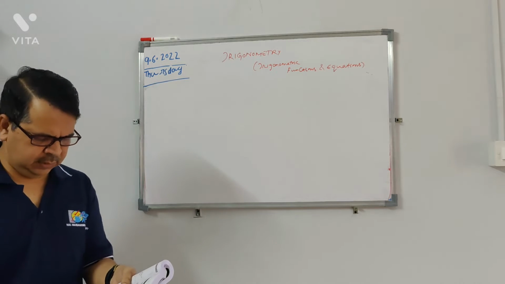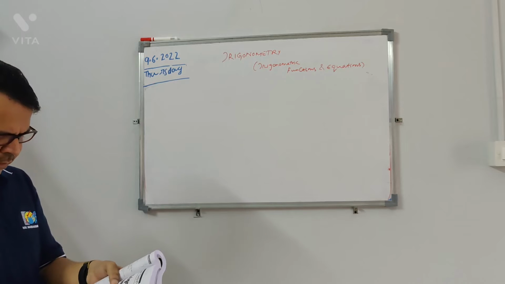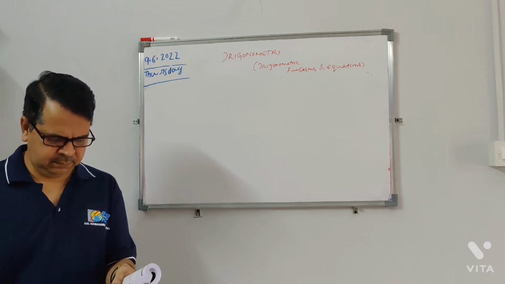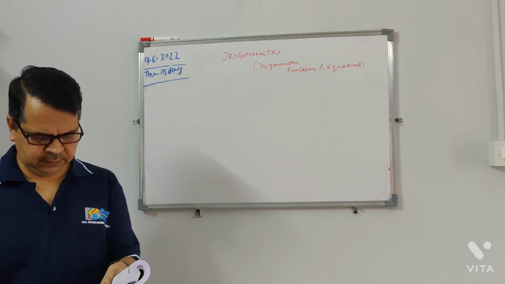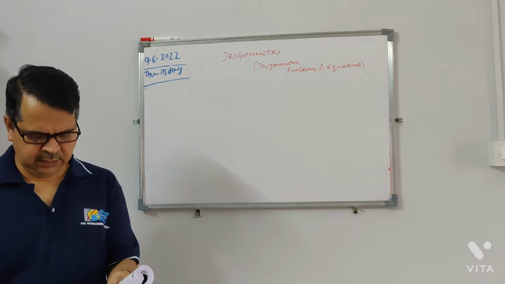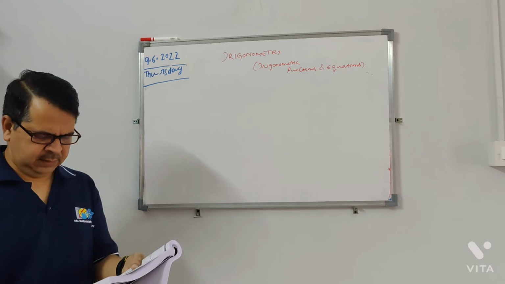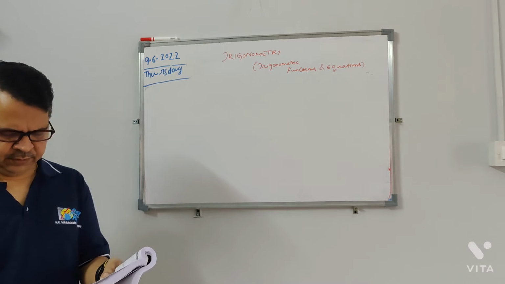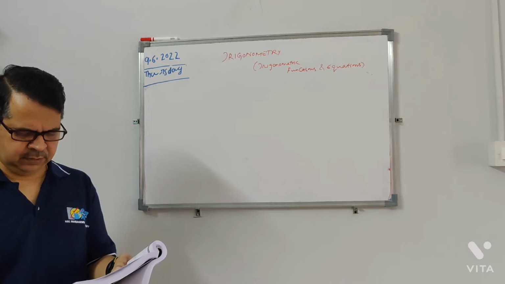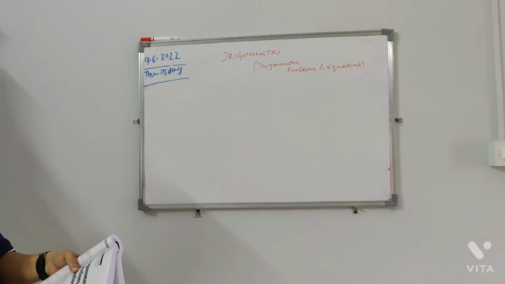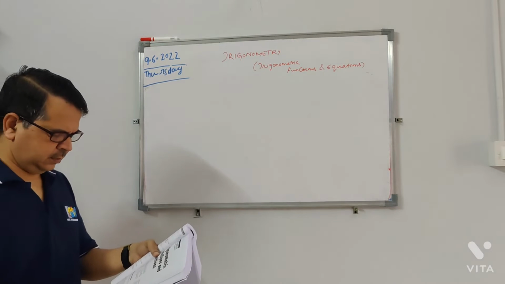What we will cover is angle on circular system, trigonometric functions, trigonometric identities, and then trigonometric equations and summation of trigonometric series and all that. So let us first start with angle on a circular system.